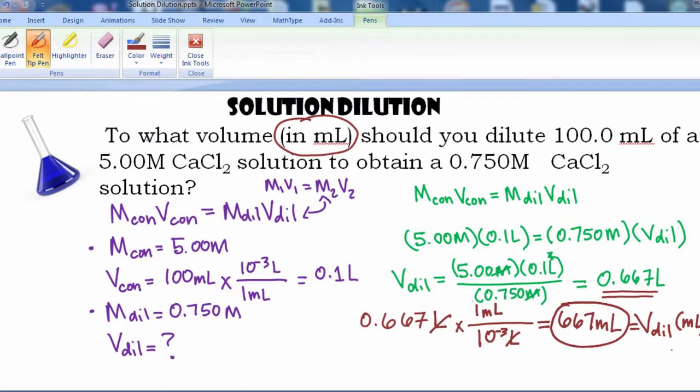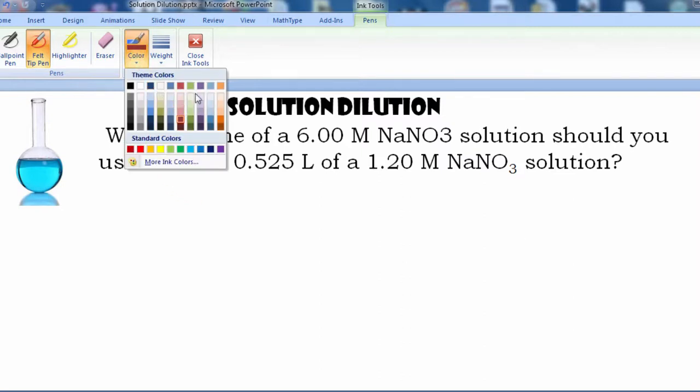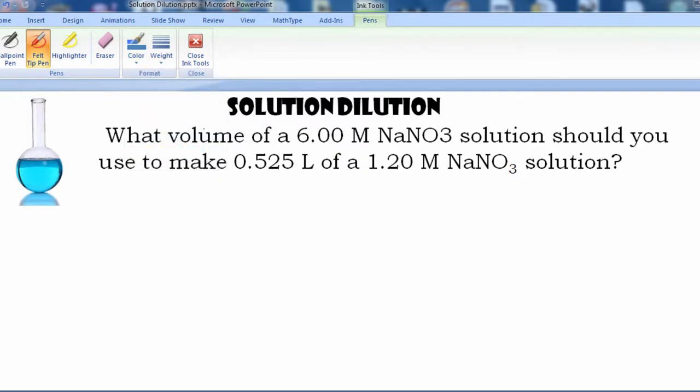Okay. Now, let's look at this last problem. Let's go through it in great detail. So what was our formula?